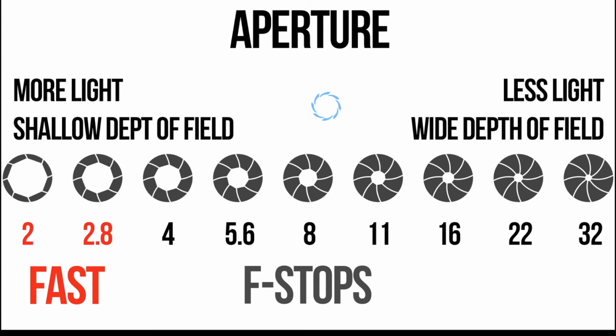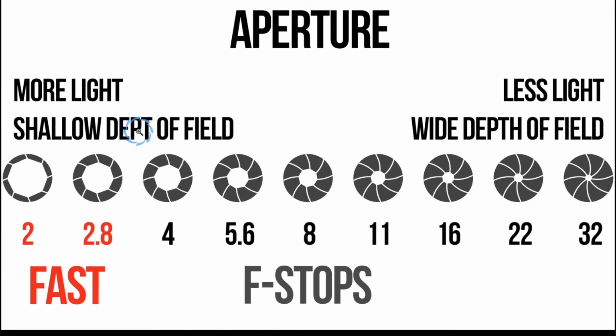Now, just like shutter speed, aperture has two functions. One, it controls the amount of light that enters the camera. Every function on the camera does that. They all control the amount of light that comes into the camera. So here it's going to let more light in, and here it's going to let less light in. Now, the second function of aperture is what we call depth of field.